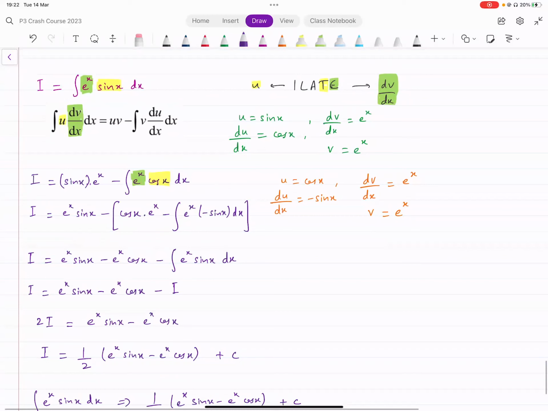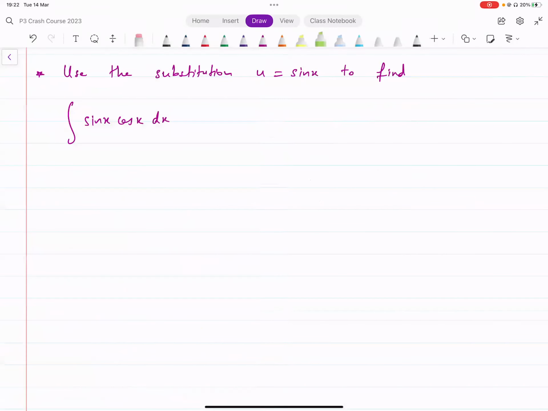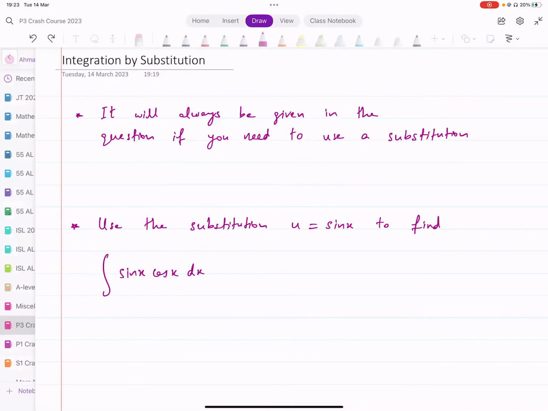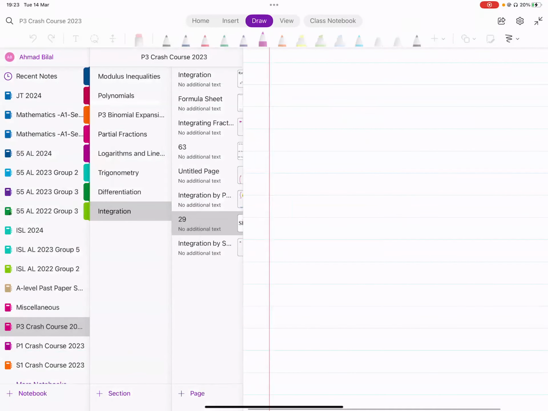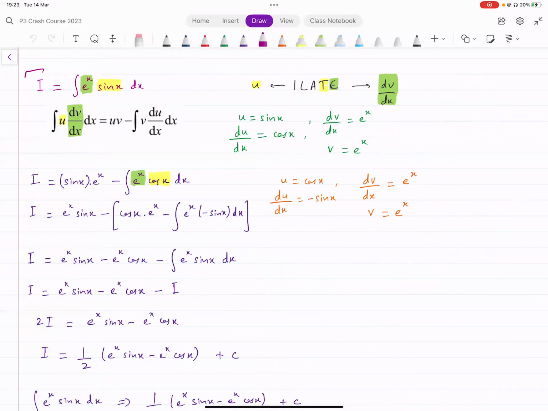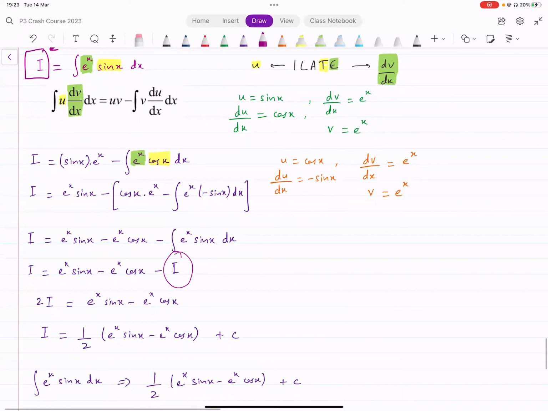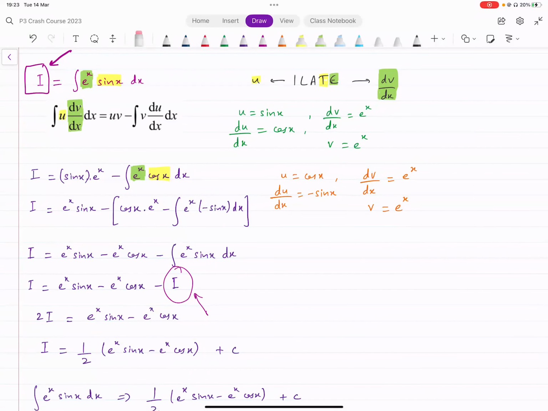It would be a recursive thing eventually, because when you integrate sine x cos x using integration by parts, you'll get sine x into cos x again in the integral. So you'll then replace that thing with I, like this, remember, and then integrate using this method. So this is something that you could do there as well.